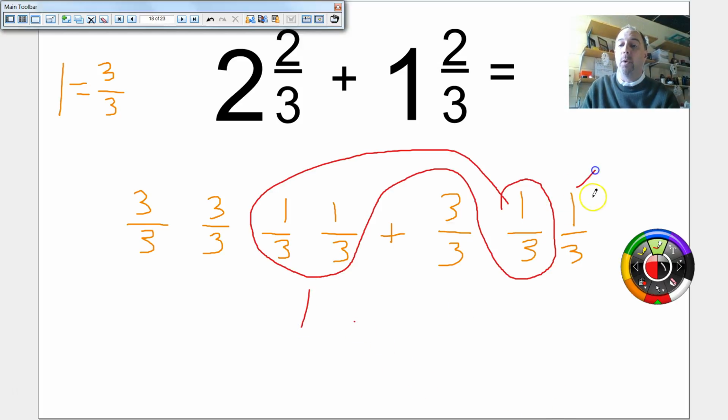And I still have 1/3 over here remaining. This 3/3, that's a 1. This 3/3, that's a 1. This 3/3, that's a 1. 1, 2, 3, 4 thirds. No. 1, 2, 3, 4 wholes. So we have 4 wholes and 1/3 remaining.